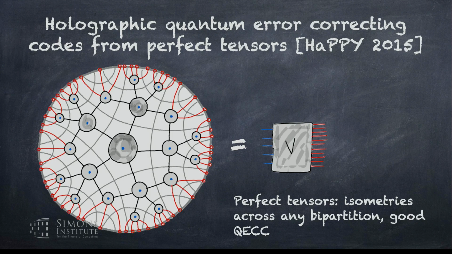By a good quantum error correcting code, I mean an error correcting code that saturates the Singleton bound. If you don't know what that is, don't worry. It's just a good quantum error correcting code. Okay, so I said we put a perfect tensor in every cell of the tessellation. And these perfect tensors are depicted by these grey circles. The blue dot that you can see in each grey circle is a dangling leg of the perfect tensor.